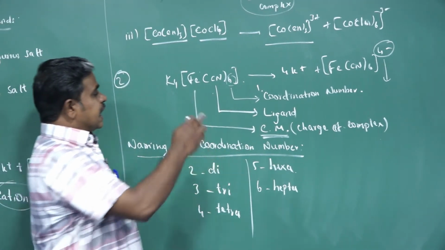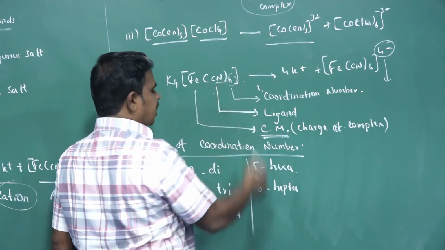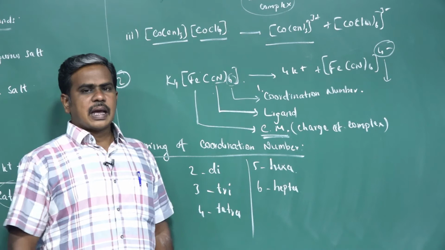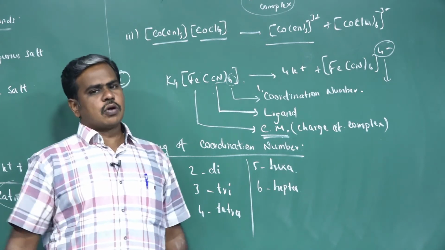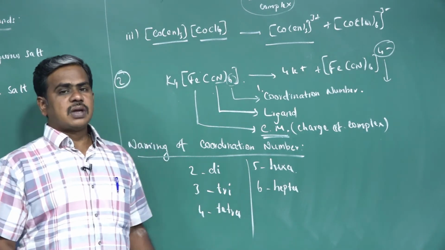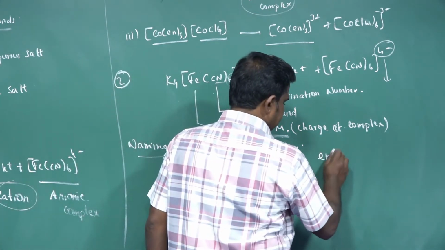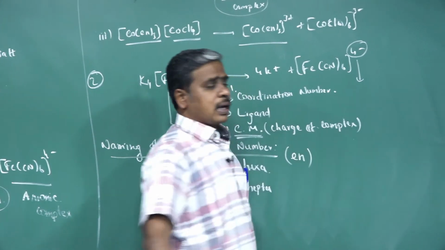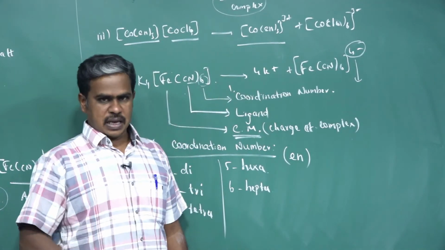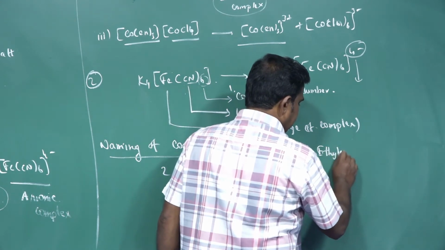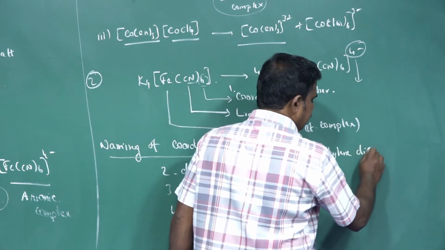Now, a ligand may itself contain a prefix such as mono, di or tri. Then how will you name that coordination number? Suppose we take en. What is en? Ethylenediamine.